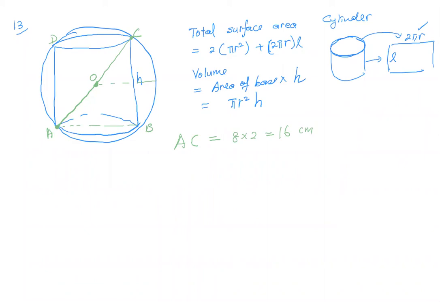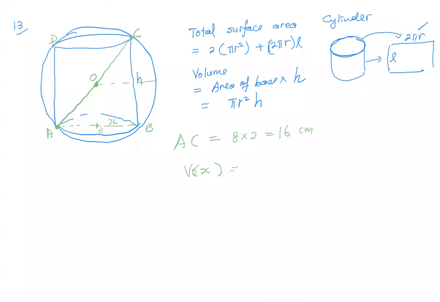So for every cylinder, we let the radius be x, can or not? The height of this cylinder, we let it be h. So I have the volume of the cylinder. I want to write it in terms of x. You want to write it in terms of h also can, it's your choice.